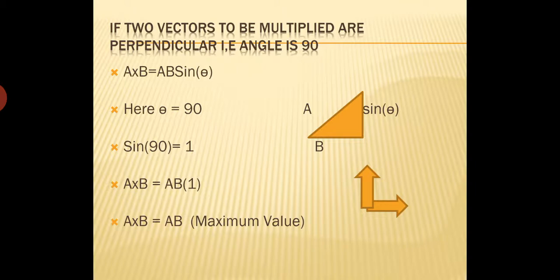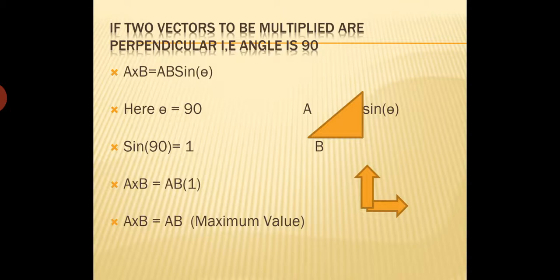And if the two vectors to be multiplied are perpendicular, that is angle is 90 degree, then putting the value of theta is equal to 90 degree in this equation, that is AB sine 90, and we know that sine 90 is equal to 1, so A cross B is equal to AB into 1, which is the maximum value.